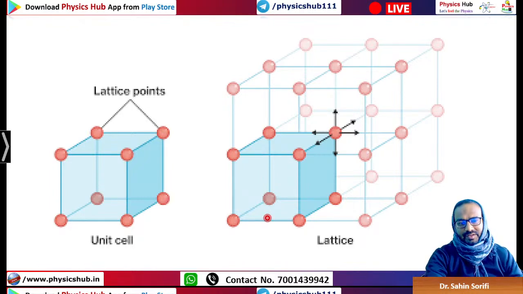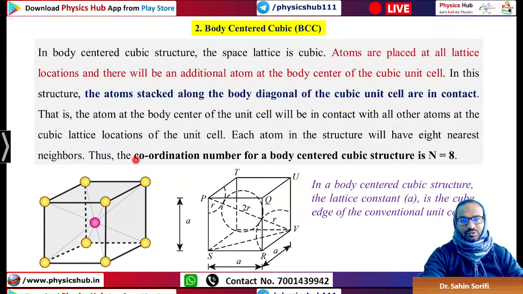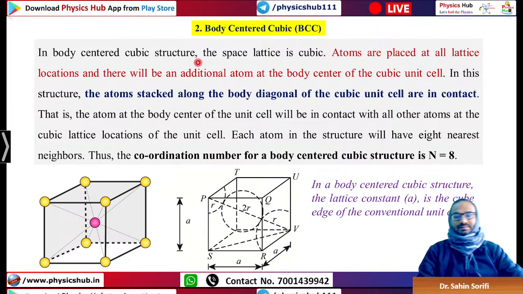Body centered cubic. In the body centered cubic, there is just one small addition. Along with the corner atoms, there will be an atom at the body center.